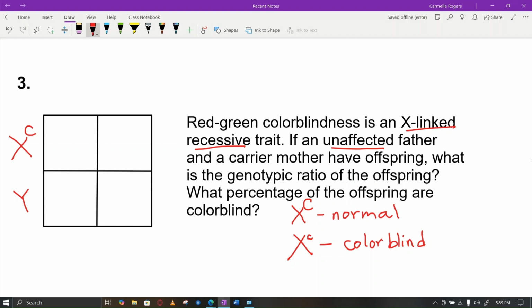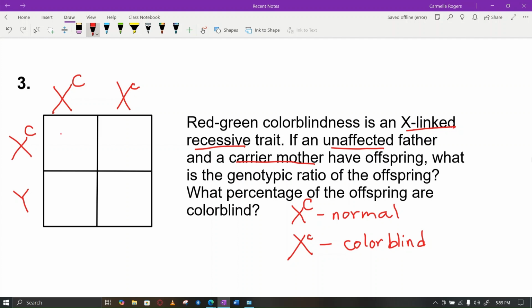So let's get our cross completed. The mother is a carrier. We know what that looks like. One dominant allele or normal allele, and then one recessive.